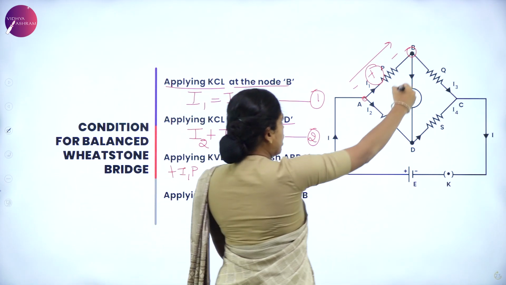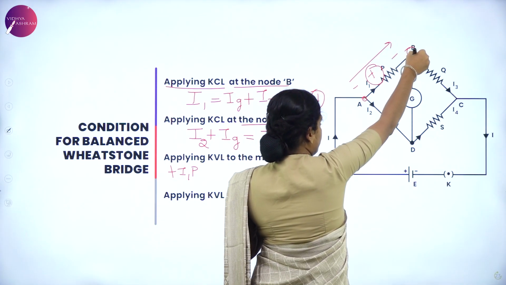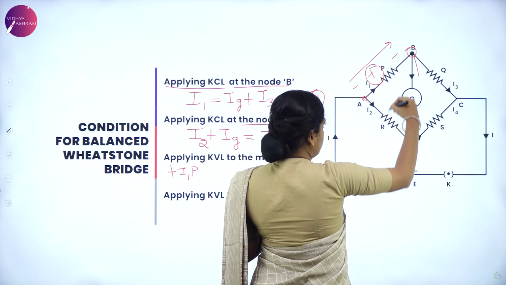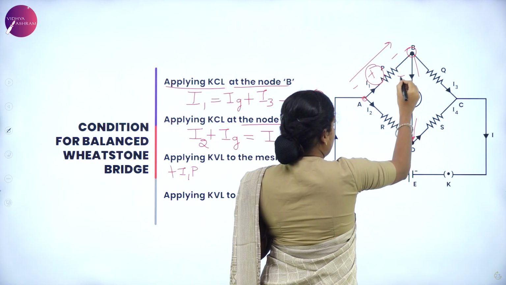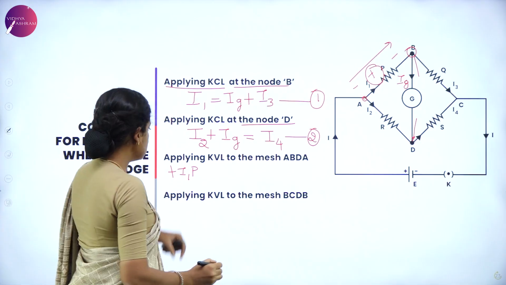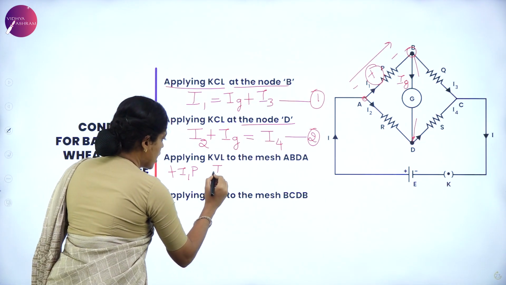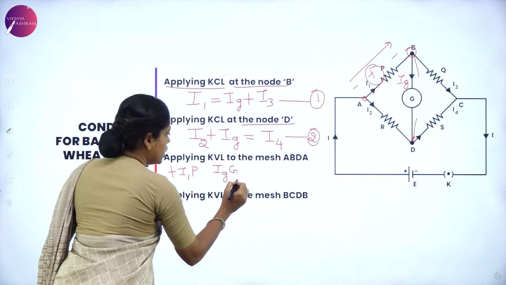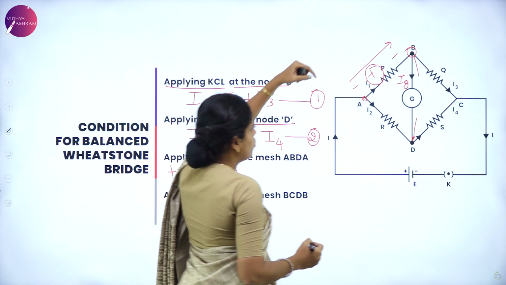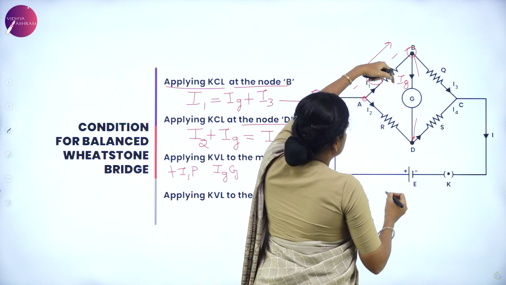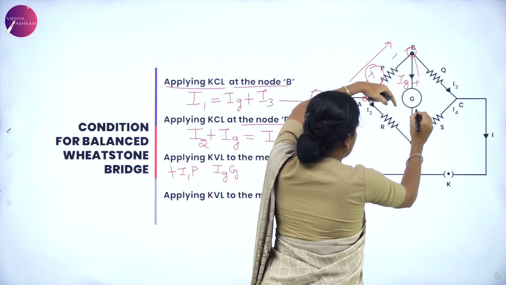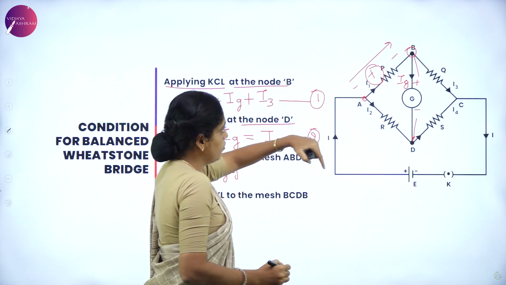Next, we continue, and from B to D, we have the galvanometer. Through this galvanometer, the current is IG. So across the galvanometer, the voltage is IG into G, where G is the resistance of the galvanometer. Now, the sign convention is the current entering side is positive, current leaving side is negative.